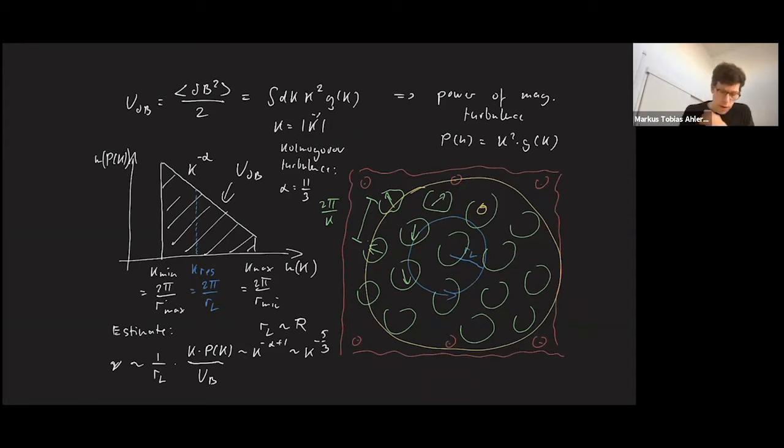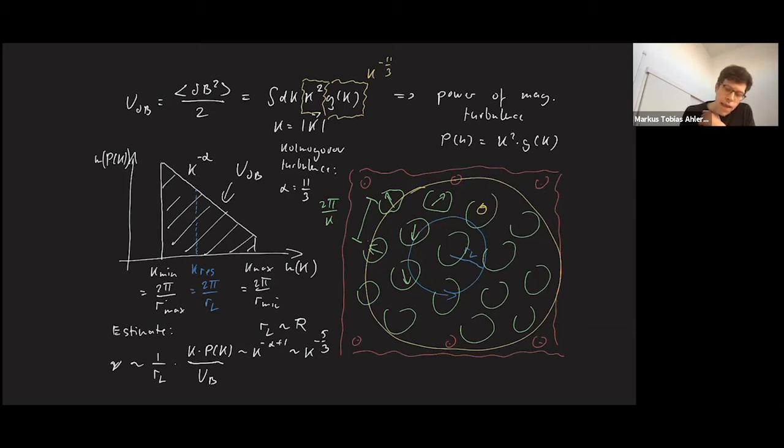Is that correct? No, this is not correct. I'm sorry, I have to make a correction here. For Kolmogorov turbulence, we have to assume that this expression here, this G(k), is scaling as k to the power minus 11/3. But the power itself has an additional factor k squared.